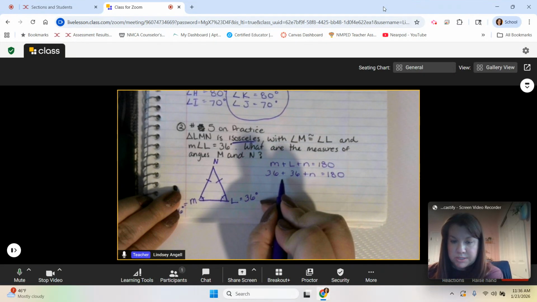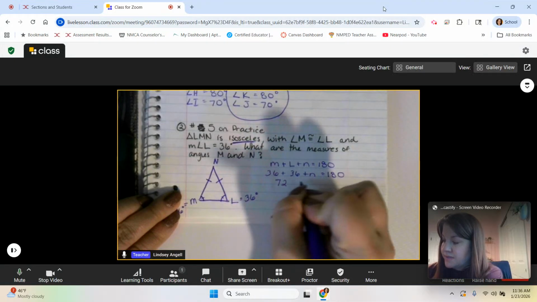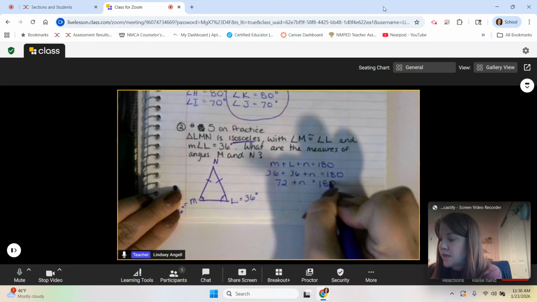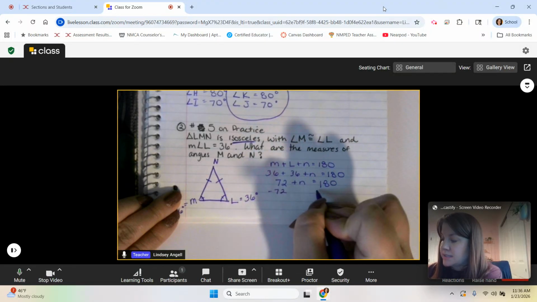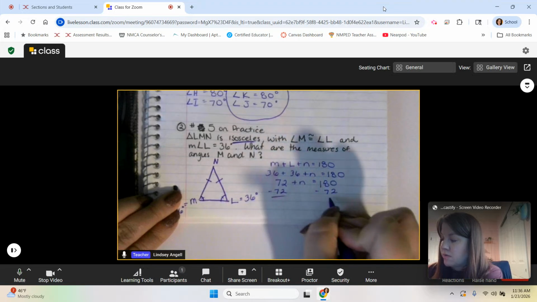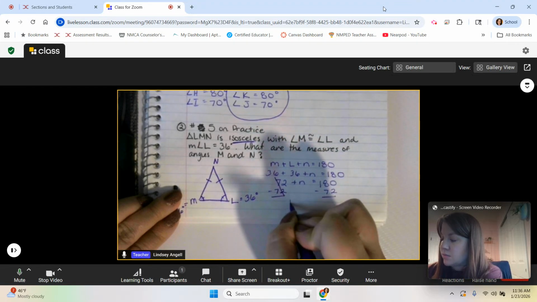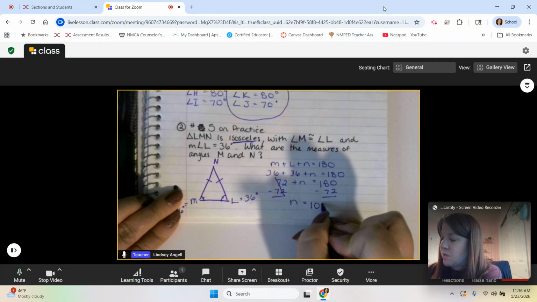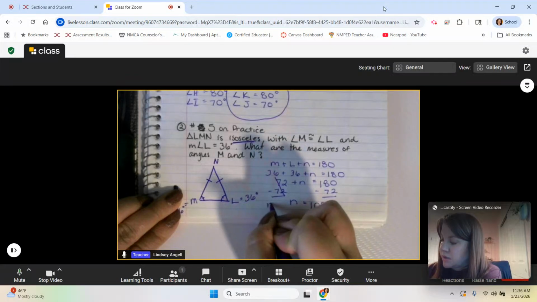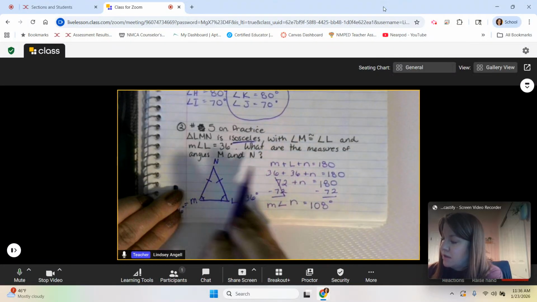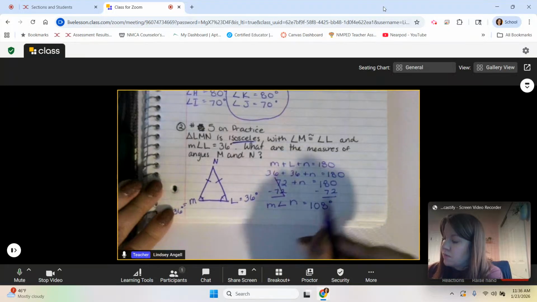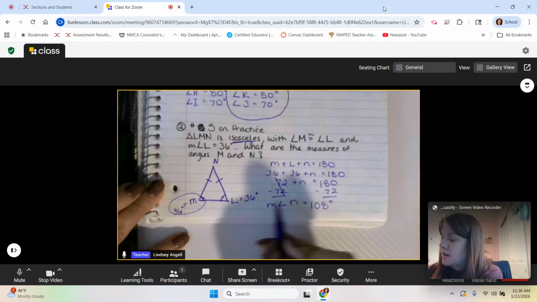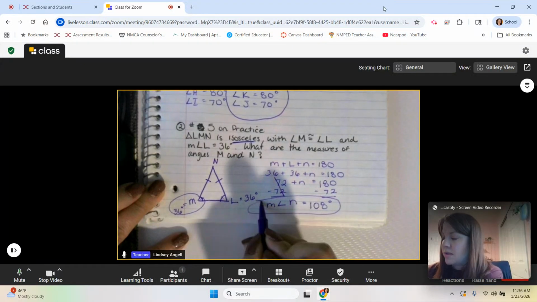Well, 36 plus 36, 72 plus N equals 180. Subtract 72 from both sides. These cancel. We're left with N is 108 degrees. So we've got the measure of angle M right here and the measure of angle N.